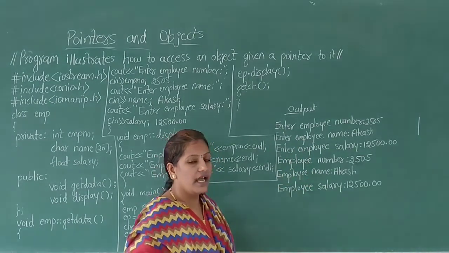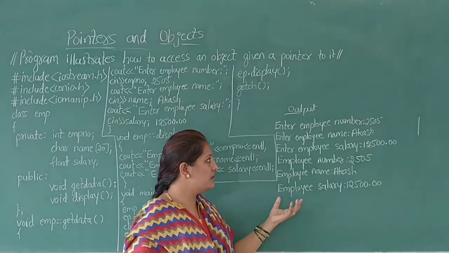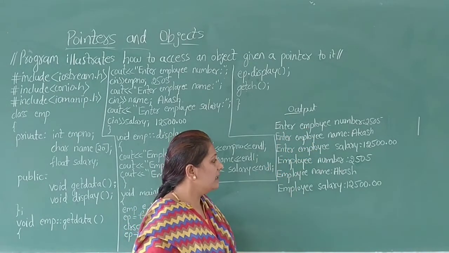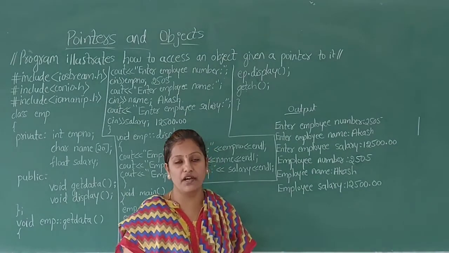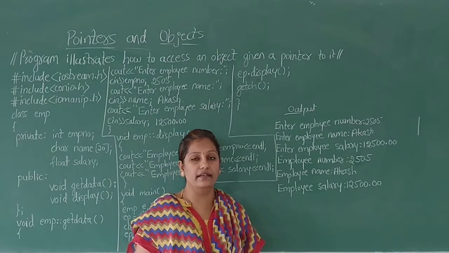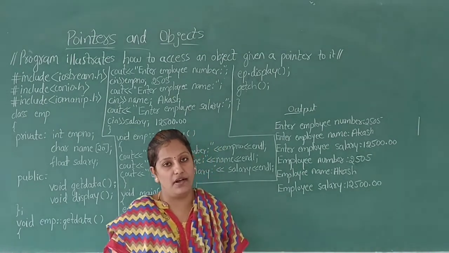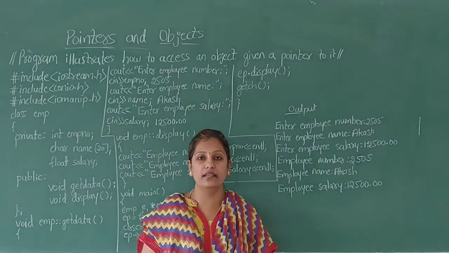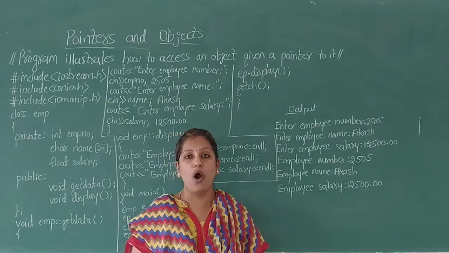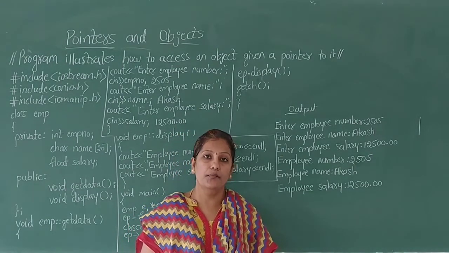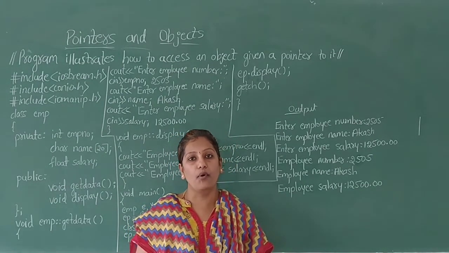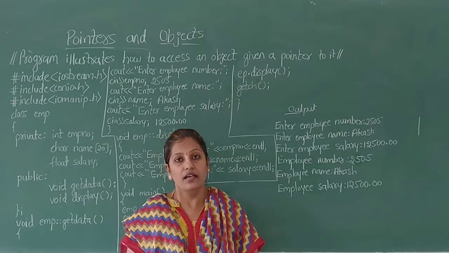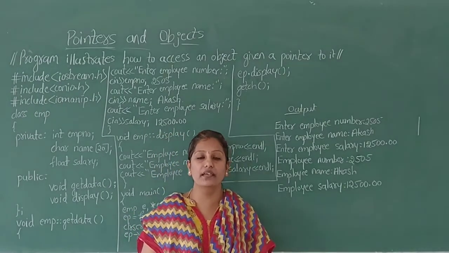After that, it displays the values of employee number, employee name, and employee salary using the member functions get data and display. Okay, this program shows the relationship between pointers and objects, or object pointers. A pointer variable pointing to an object is referred to as an object pointer.